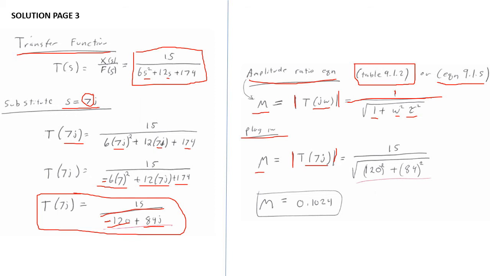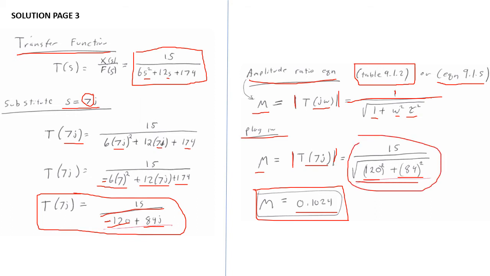From this, we plug into the right-hand side of the equation. This now becomes 15 over the square root of 120 squared plus 84 squared. When we do this, we end up with M equal to 0.1024. But we're also going to reference back to this, especially our denominator, as we go forward with our calculations.